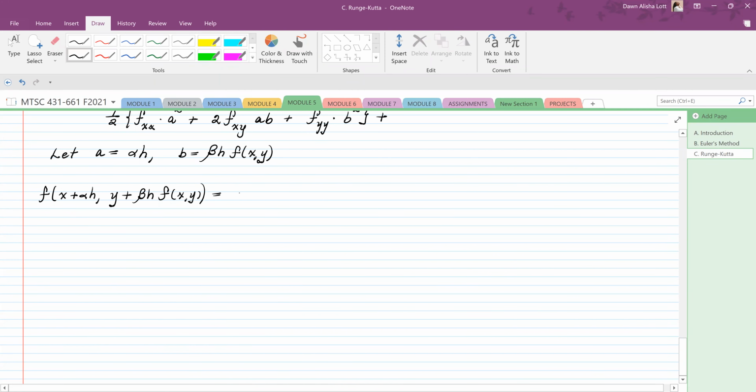So this is f of x, y plus alpha times h times f sub x plus beta times h times f times f sub y plus 1/2 alpha squared h squared times f sub xx plus 2 times alpha beta.